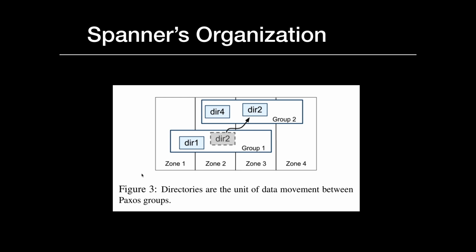In most of the examples we looked at, a replica group only had one shard in it, but Spanner supports having multiple shards, or these kind of directories, in Paxos groups. So a group, as shown in here, can have more than one directory in it, and they can also be moved between Paxos groups too.